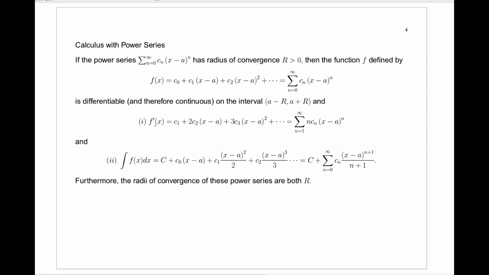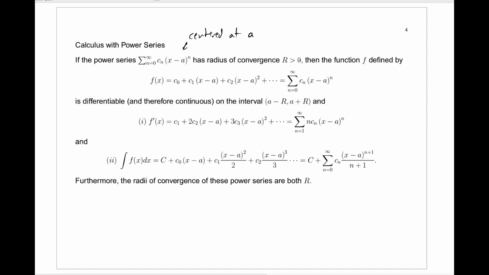The formal statement of this comes from the book here. If we have a power series, here I've represented a power series centered at a, and it has a radius of convergence R, which is a positive number. We're never interested in power series really when the radius of convergence is 0, and if the radius of convergence is infinite, that's great.